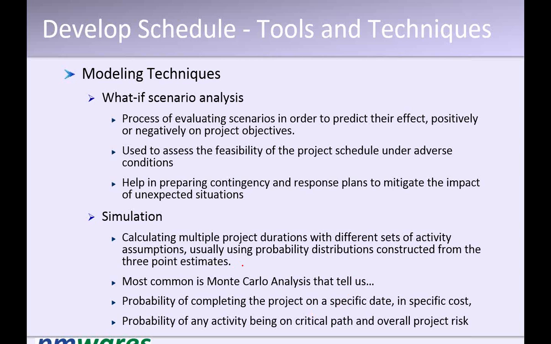So simulation requires a lot of effort, but we get to know a little more about the project, with clearer data and better confidence in project execution. But definitely it requires much more effort.